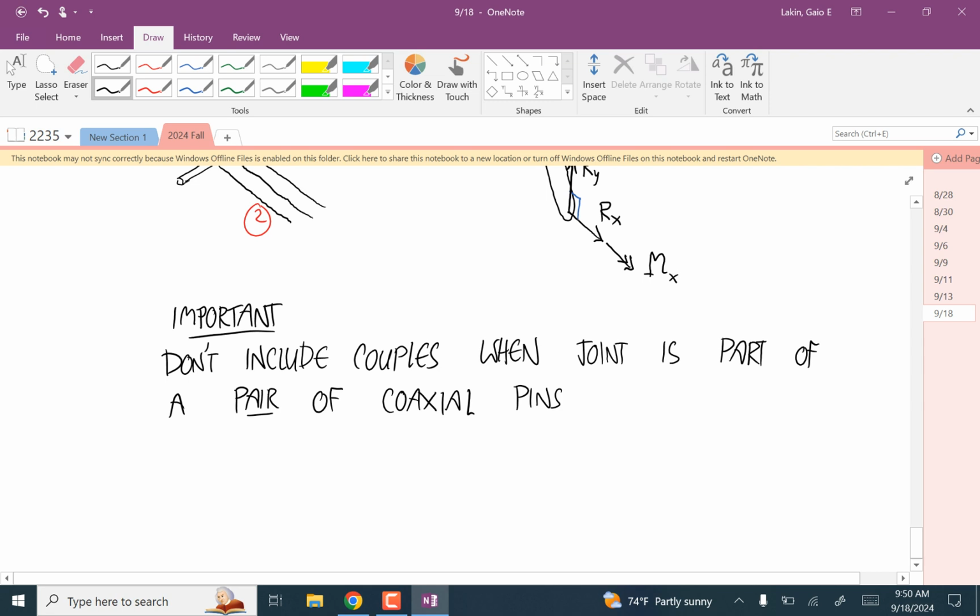Okay, so this is a little hard to see, but it doesn't apply thrust because this can slide side to side. But now think of this joint as a pair of pin joints without thrust.